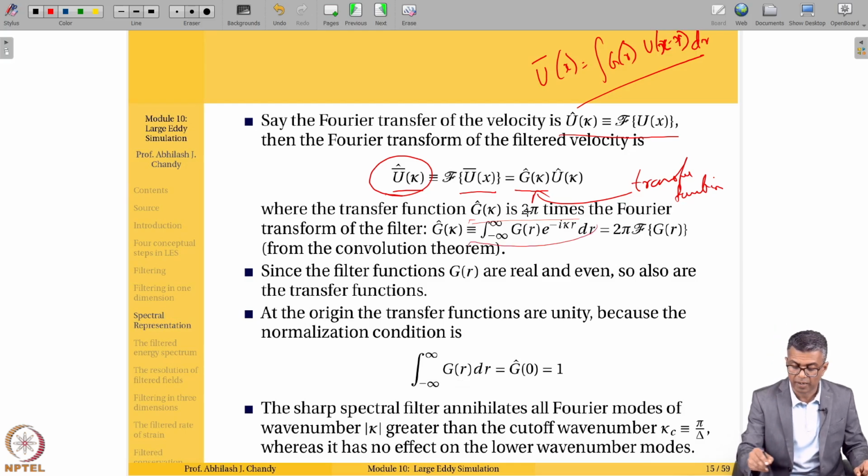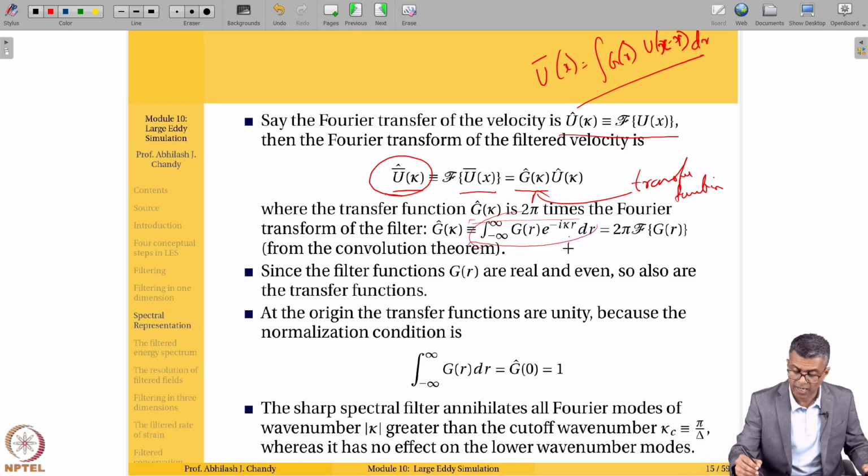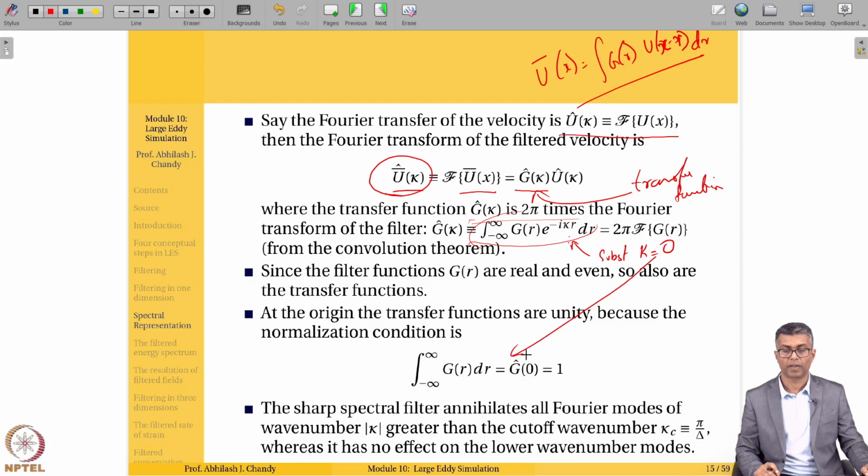In this equation, if I substitute kappa equal to 0, I get the integral from minus infinity to infinity of g of r dr, which is equal to 1, and this is equal to g hat of 0. So because of the normalization condition, g hat of 0 is equal to 1.